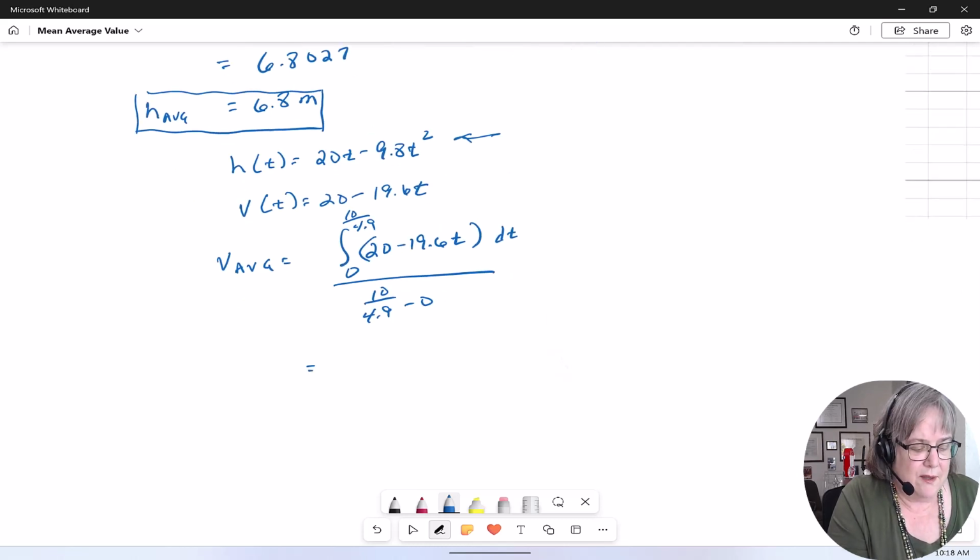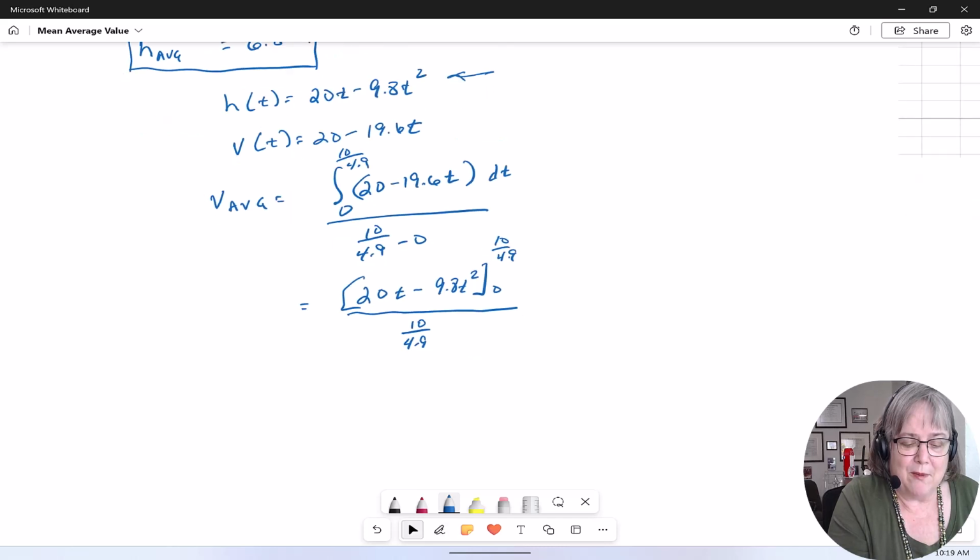So this is going to be 20t minus 9.8t squared, 0 to 10 over 4.9, over 10 over 4.9, which actually gets back to where you were when you integrate what you just had, because there weren't any constants, right?